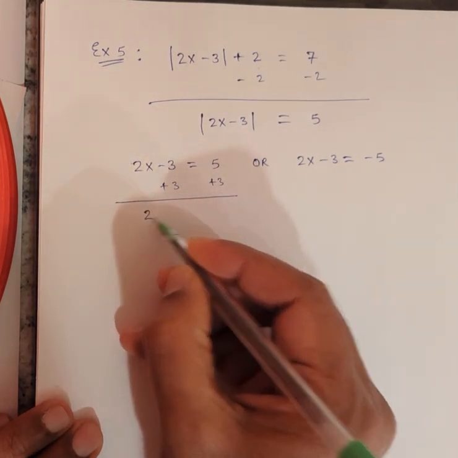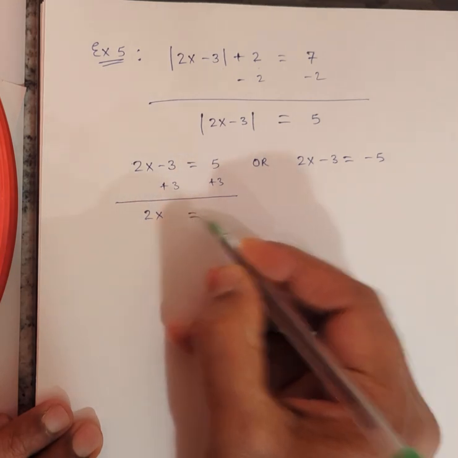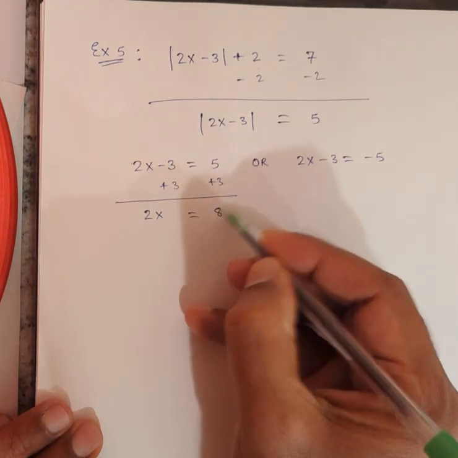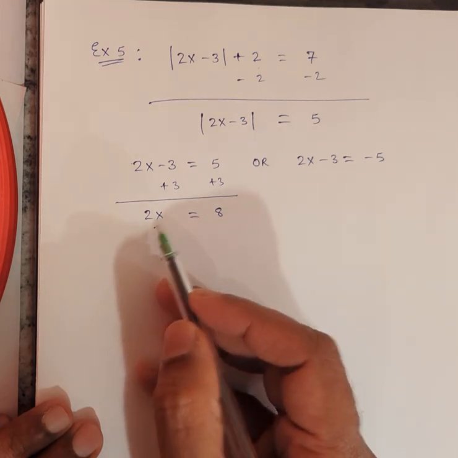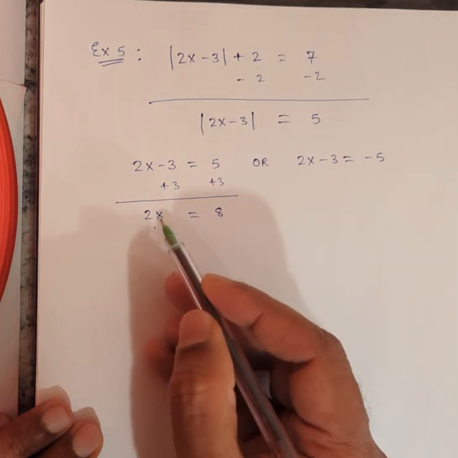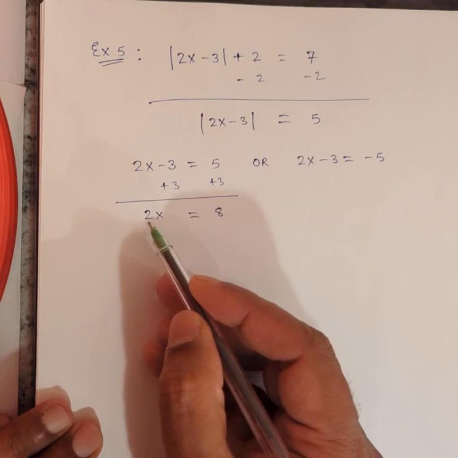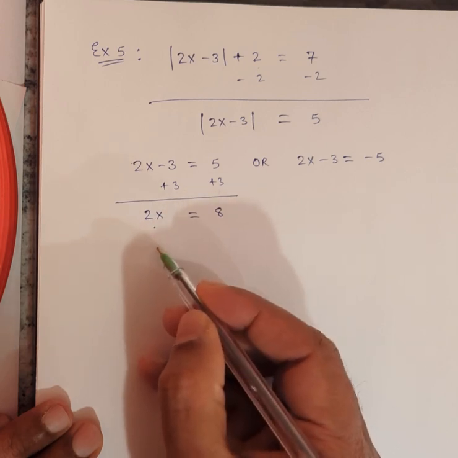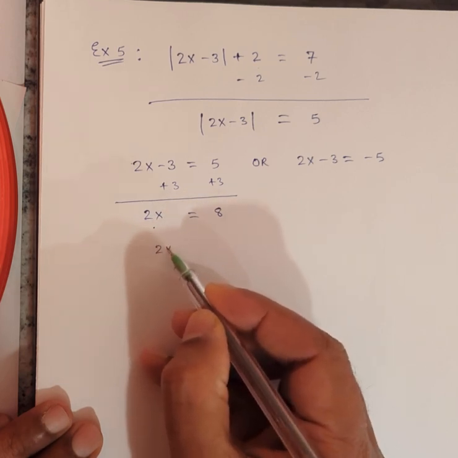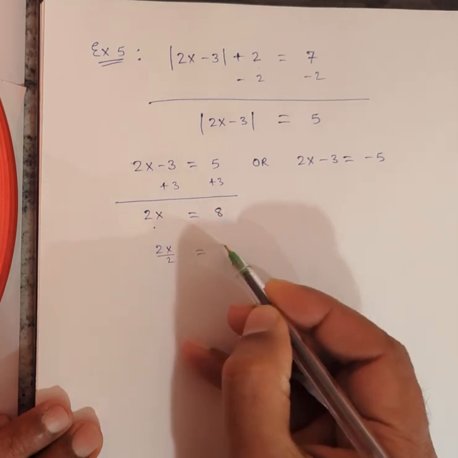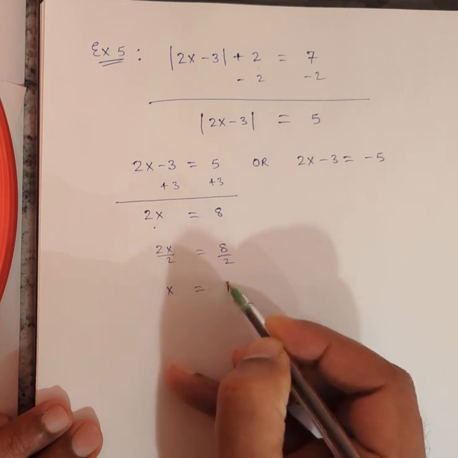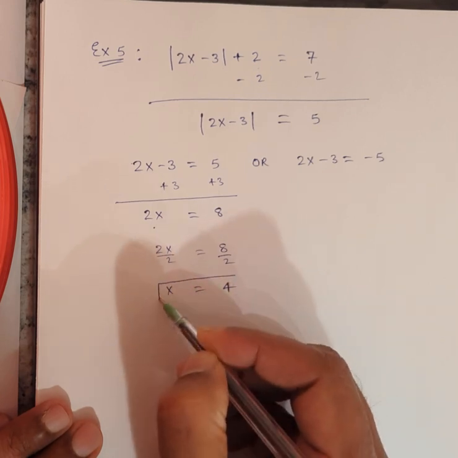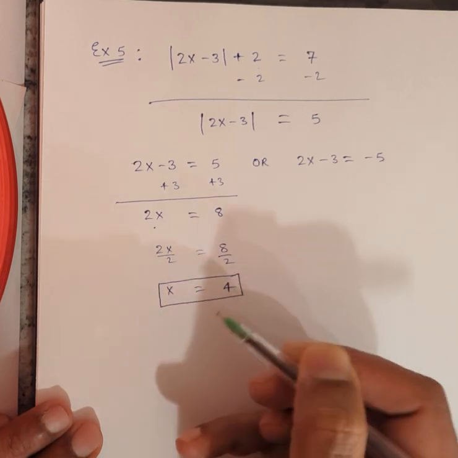Then you get 2x on the left. 5 plus 3 is 8 on the right. And again, we have to divide both sides by 2 because we did not solve for x yet. So if you divide both sides by 2, you get x equal to 4. So that's one of the solutions.